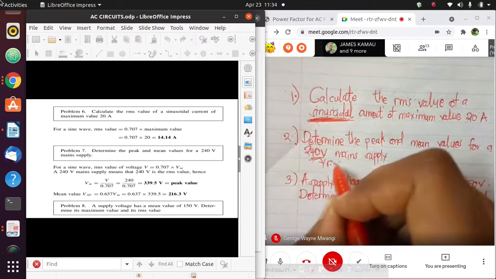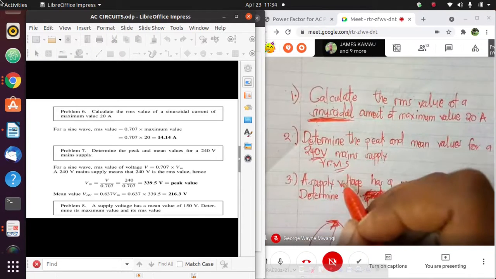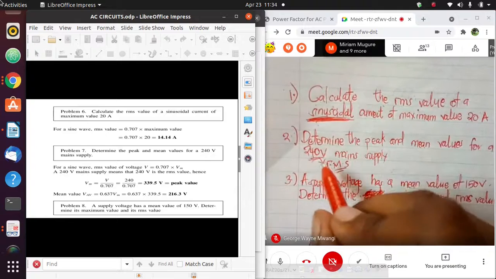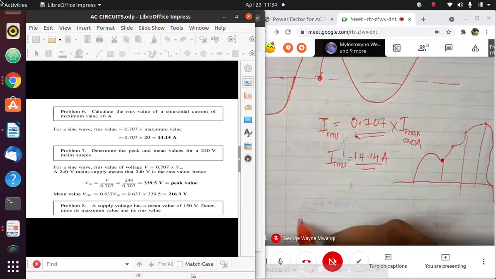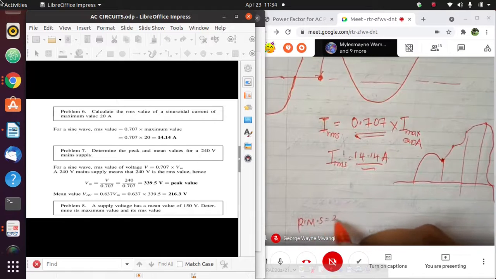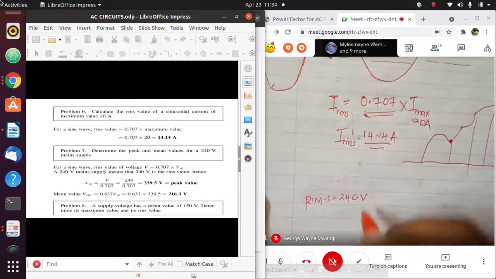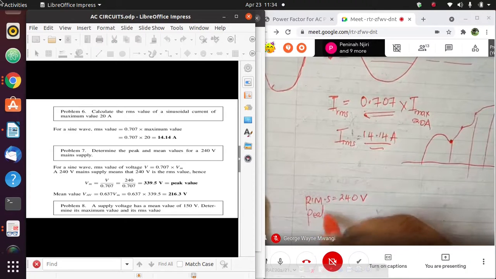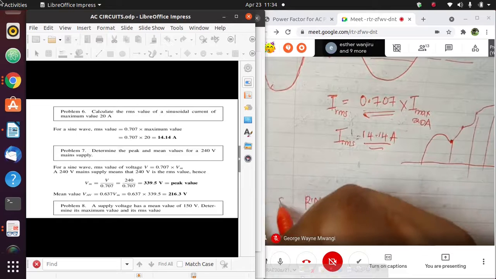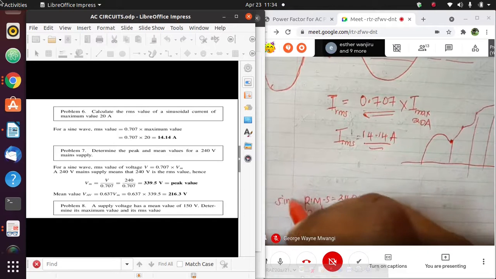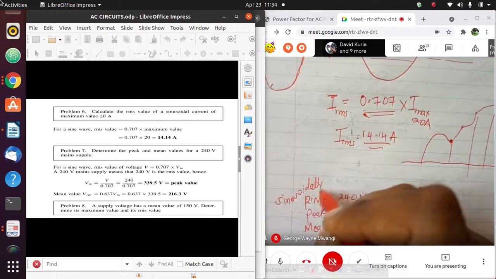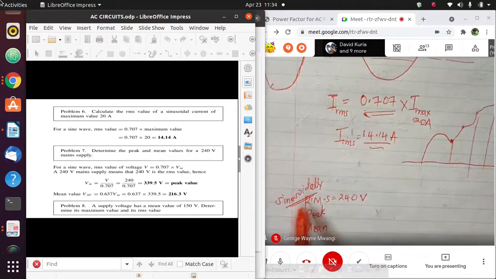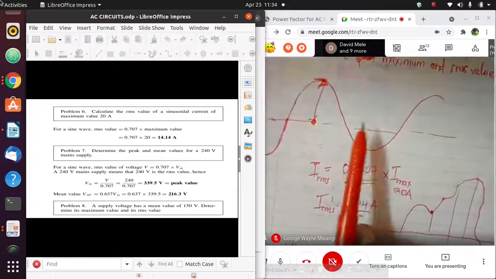So the RMS value is 240 volts. You've been told to find the peak, the maximum, and then the mean. And this is a sinusoidal supply.